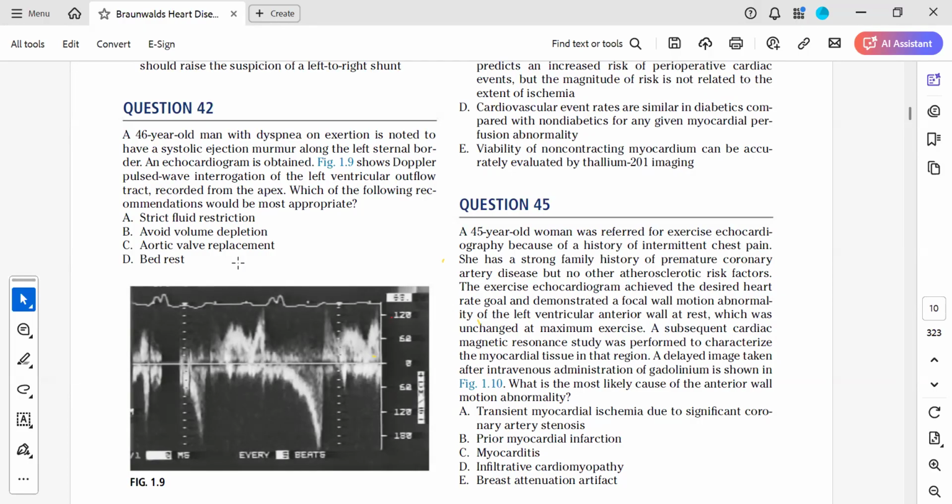In HOCM, an increased afterload helps in keeping the LVOT open. But if we reduce the afterload significantly, that worsens the LVOT obstruction. Thank you. Okay, thank you.